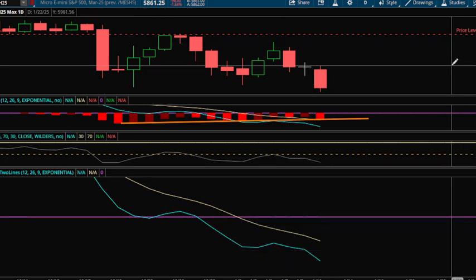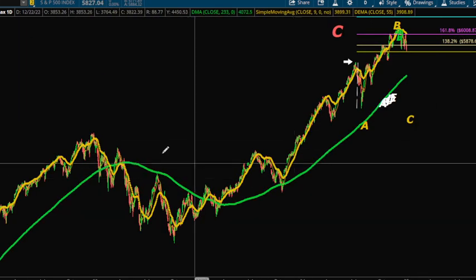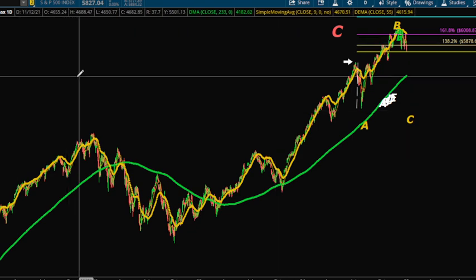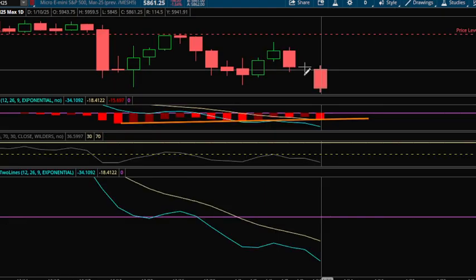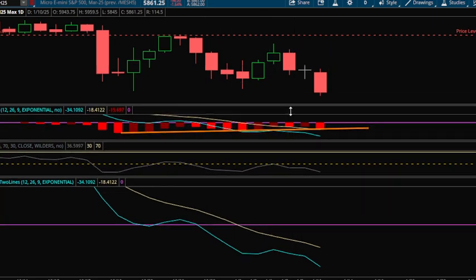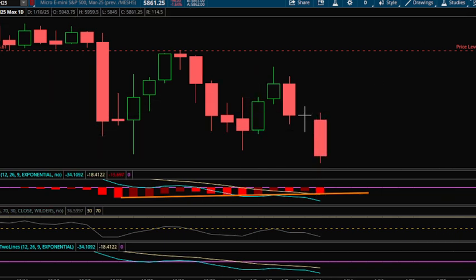Now, for those of you that like moving averages, let's take a look at what I have here. This is the overall chart structure on the S&P 500. I don't know if I said this was the micro E-minis chart, but overall it's the same concept, same sentiment.